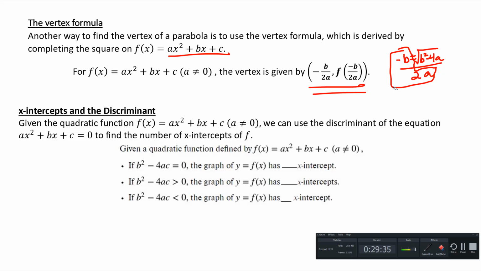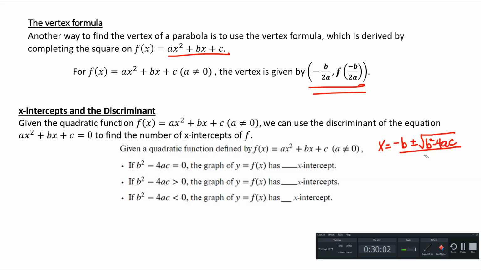Also, if you want to know how many x-intercepts a quadratic function has, you can use the discriminant of the quadratic formula. Remember, the discriminant is the number that's inside the square root part. And I'm just going to rewrite that again because it's so sloppy. So the quadratic formula, remember, is x equals -b plus or minus the square root of b squared minus 4ac all over 2a.